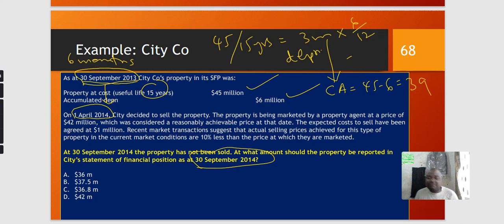So the depreciation there is for 6 months, and this should be 1.5. So we have to deduct the 1.5 up to the date of the decision. So 39 minus 1.5, we should get 37.5. So this is the carrying amount.